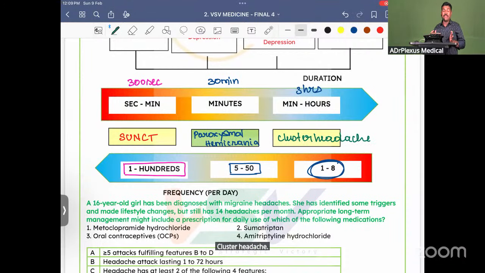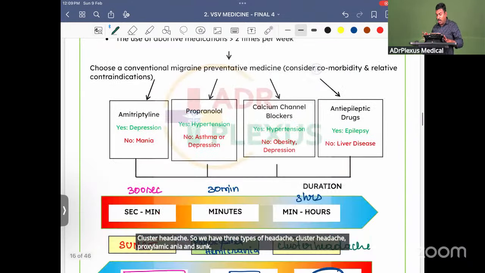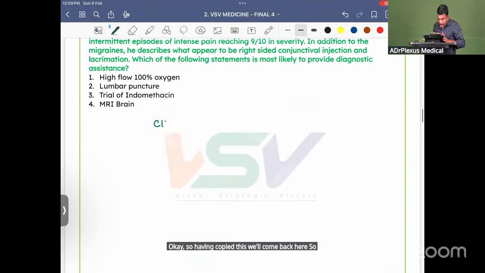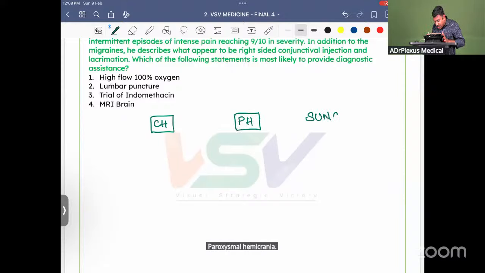So we have three types of headache: cluster headache, paroxysmal hemicrania, and SUNCT. Having copied this, we'll come back here.